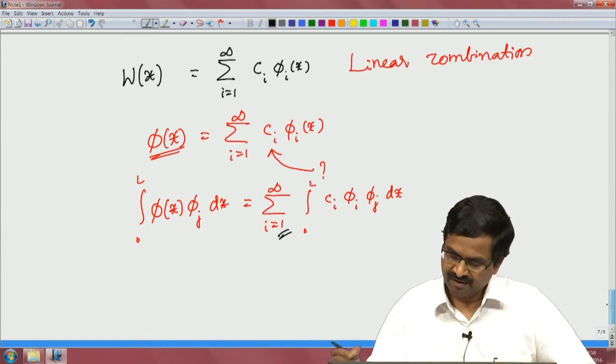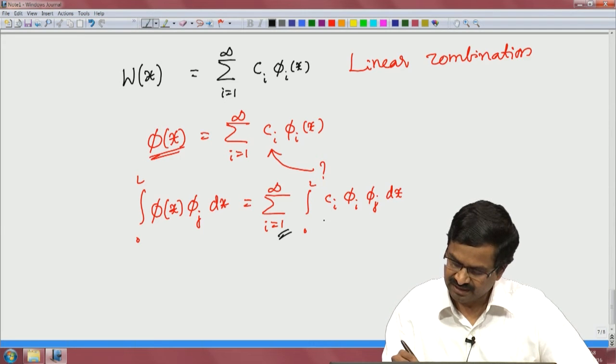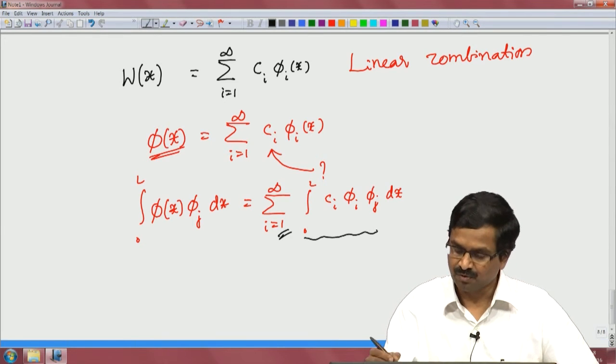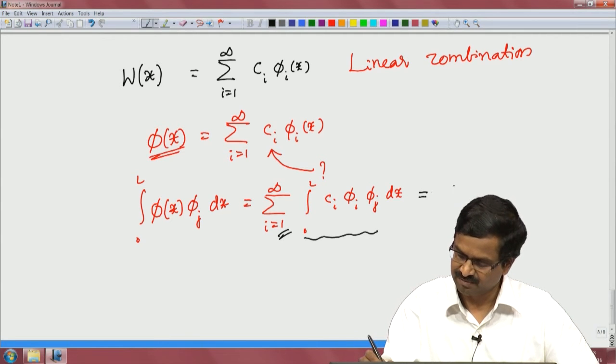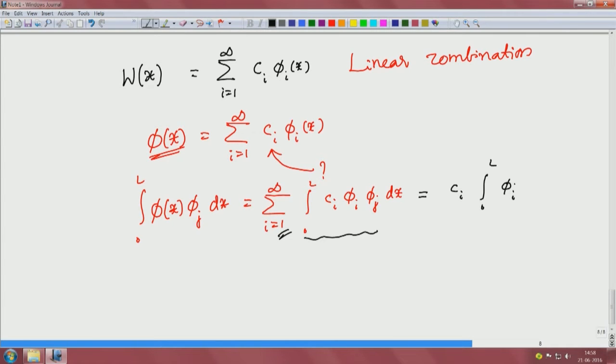So whenever I is not equal to j, this integral is 0. The only non-zero term will be C j integral 0 to L phi j square dx, only when I equals j, and we had said that with rho included this is equal to 1.